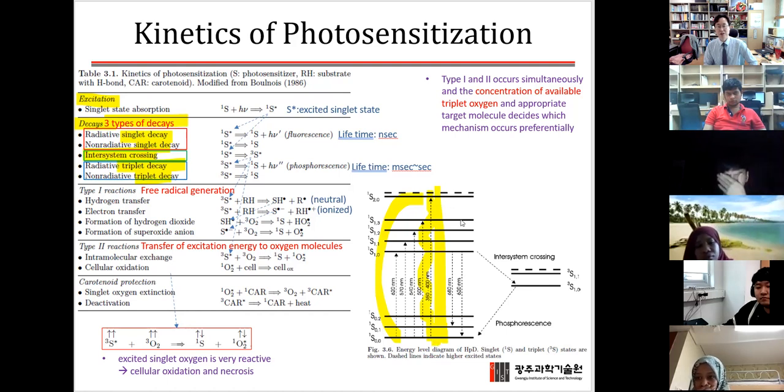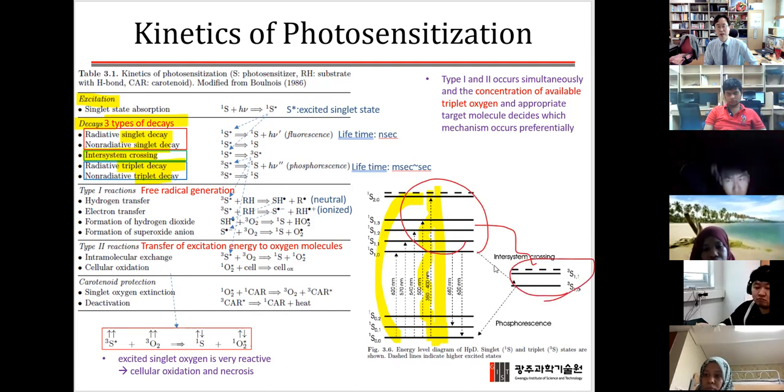Intersystem crossing is from the singlet state excitation to the triplet state. That is called intersystem crossing. And triplet decay means from this triplet state excitation to the singlet ground state. So those are the 3 different types of decay process.